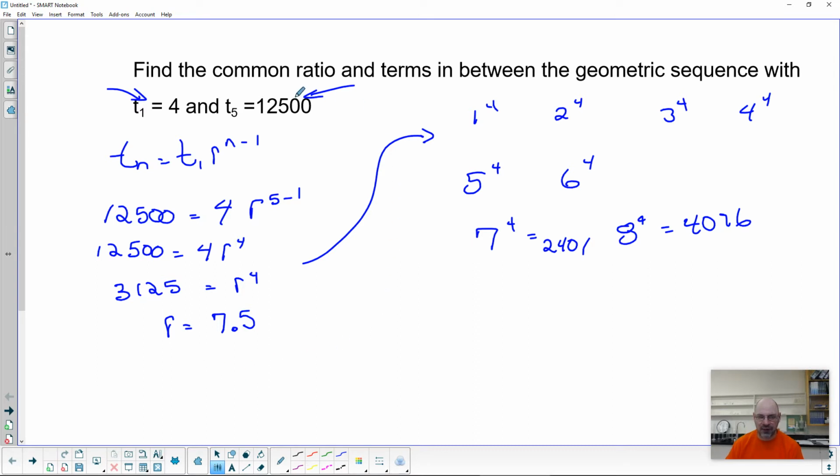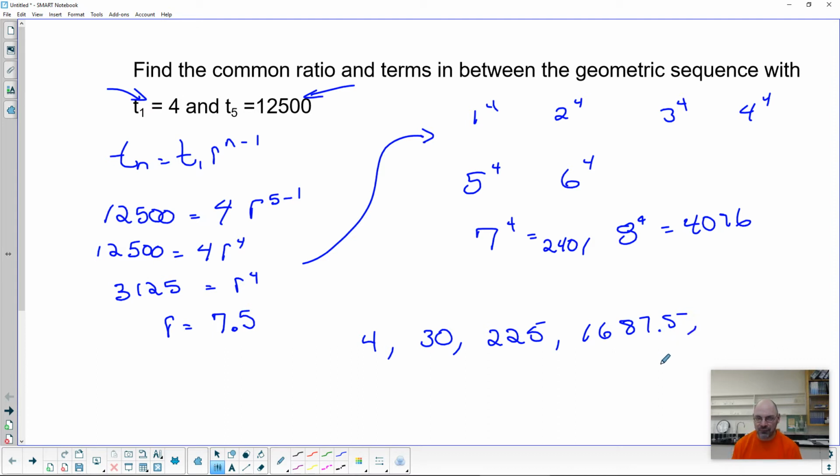So now how do you get the rest of the terms? Well, you go 4, then you just multiply by 7.5. 4 times 7.5, that's 30. Then you multiply by 7.5 again, 225. Then you multiply by 7.5 again, about 16,807.5.